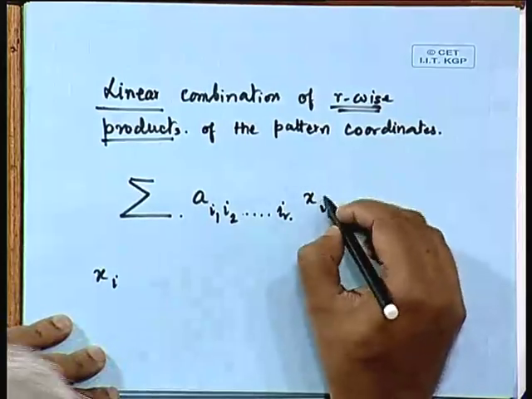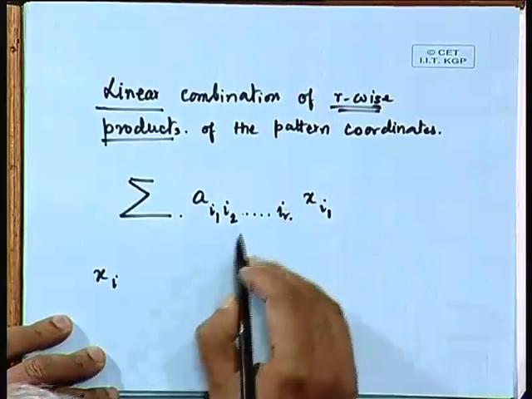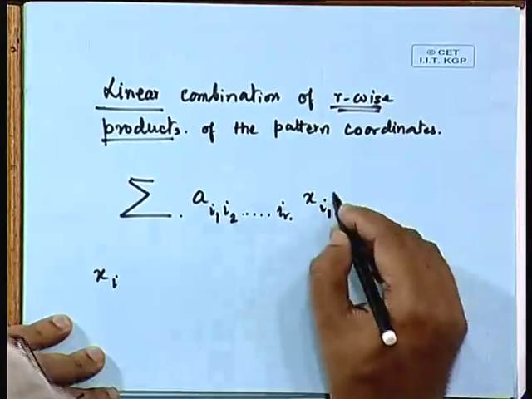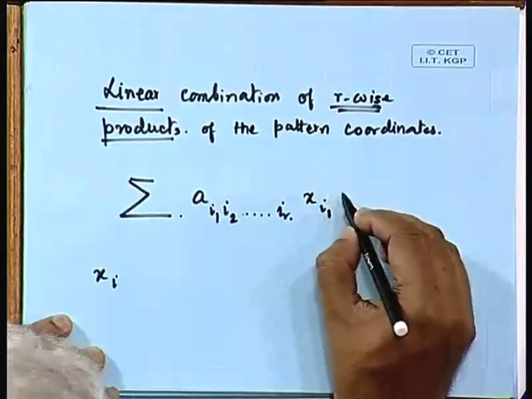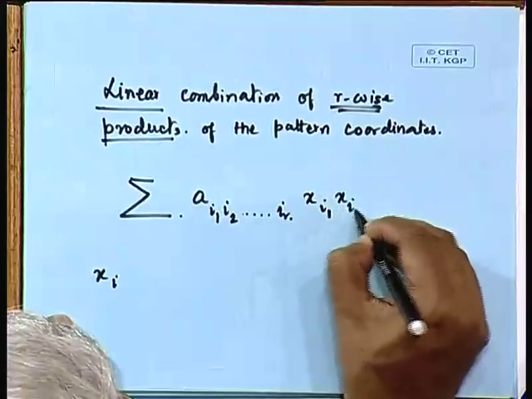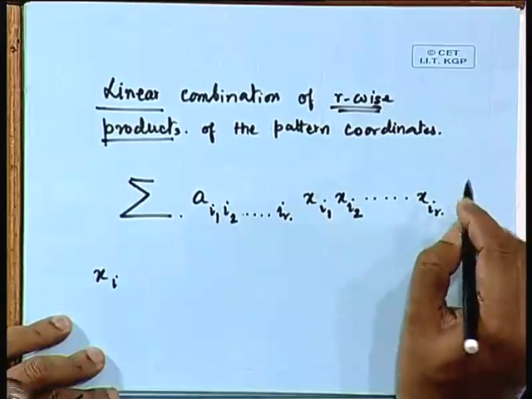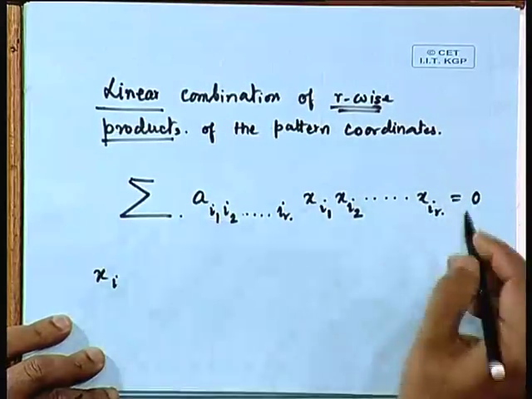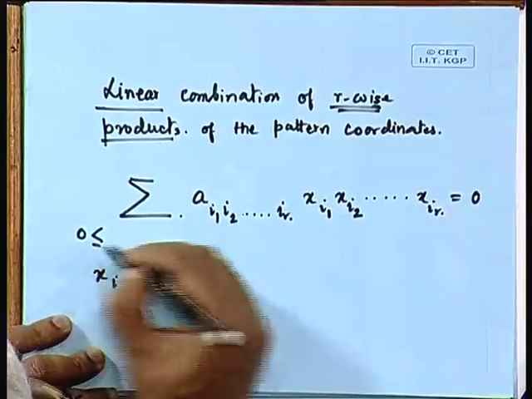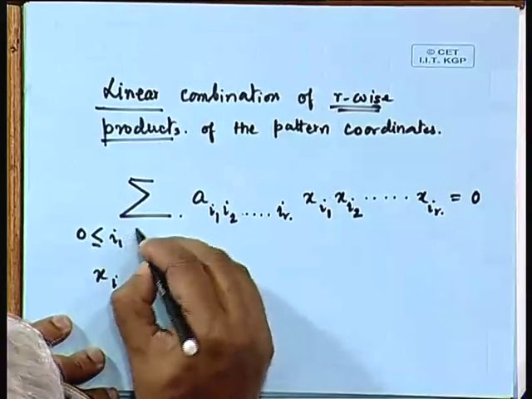So, it is of this form: there is a coefficient A, which is written with a very long superscript I1, I2 up to IR, and then we have the cross terms involving this, which is xi1, xi2, etc., up to xir, and the summation of this is equal to 0. And it is the summation over what space? It is the summation over all this I1, I2 up to IR space.